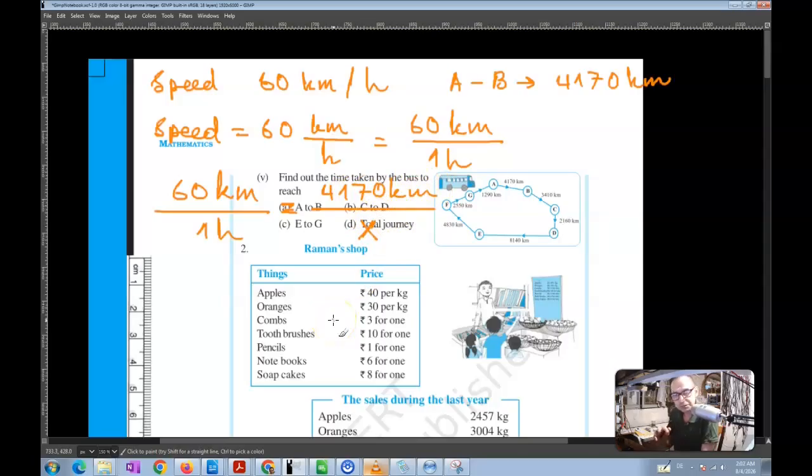Now I will dedicate a separate video to these proportions, either later on if we need to, or whenever we need to. I will do this so that you understand this completely, because it's important to actually understand this.